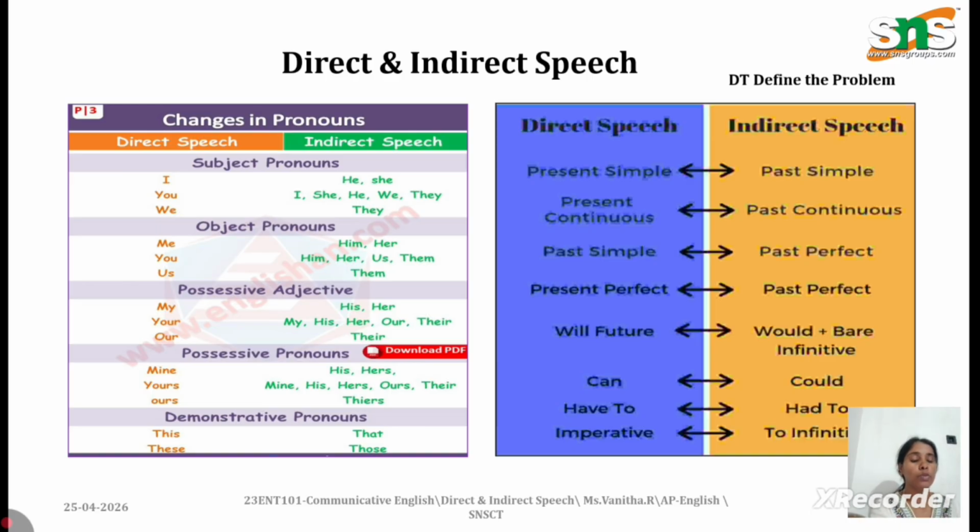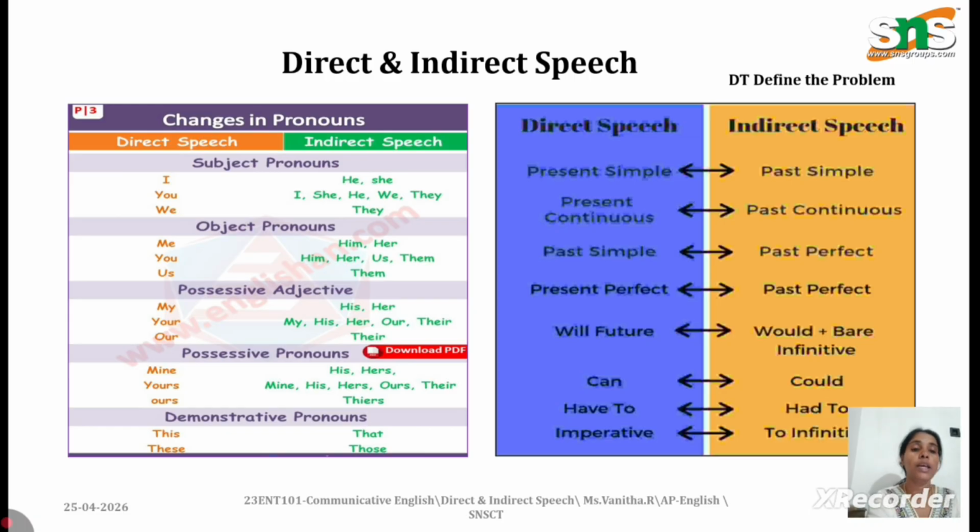Will becomes would, can becomes could. In questions, if or whether should be used, and if it is a command or a request, use words like asked, told, requested along with to plus verb.